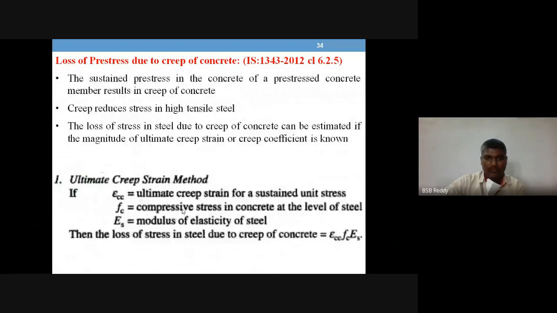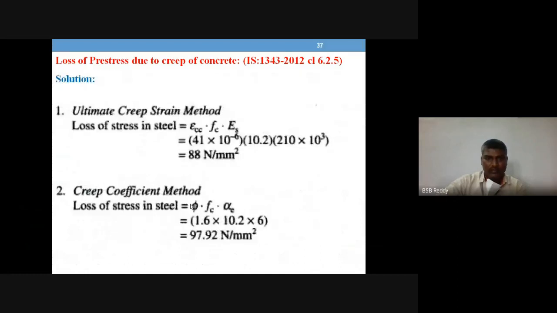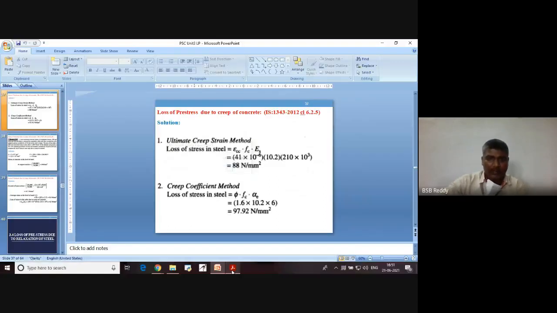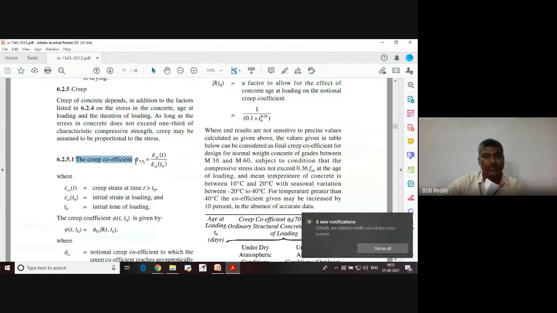I'll just show you the formula. Right. So multiply this creep coefficient phi value with stress in concrete at the level of steel and modular ratio. So to get this value, you have the IS code procedure also, where this is creep coefficient.